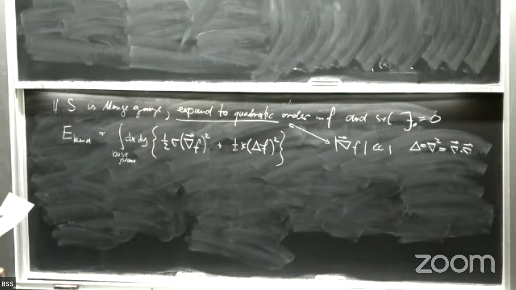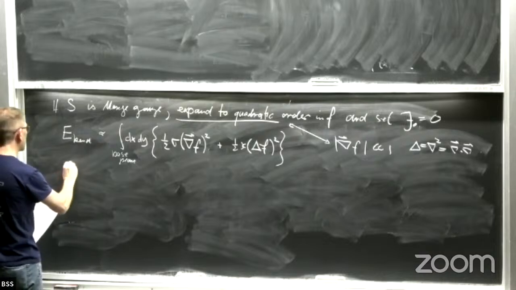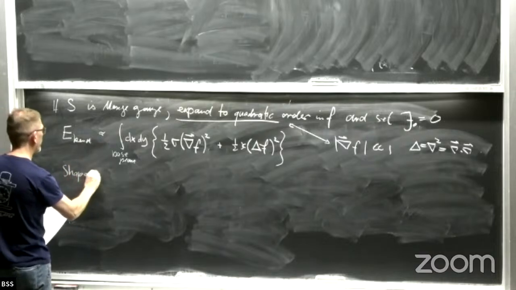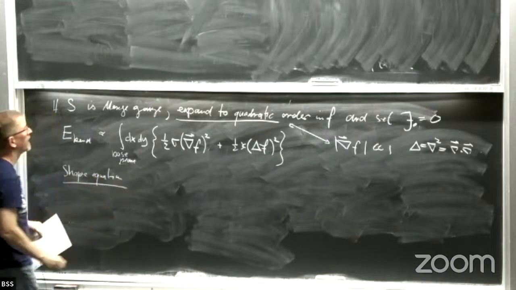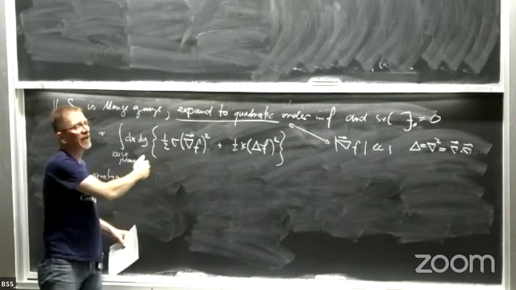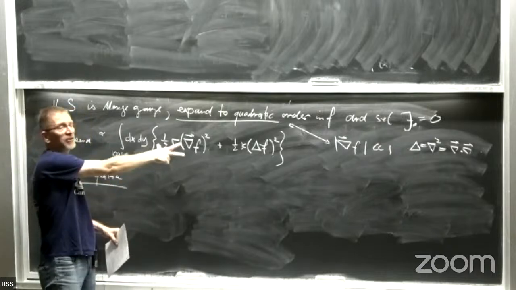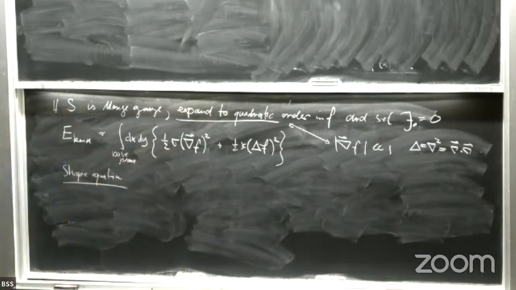So let me talk about this. Let me ask something about the shape equation, which says what choice f of x and y would minimize this function so that the energy is smallest.